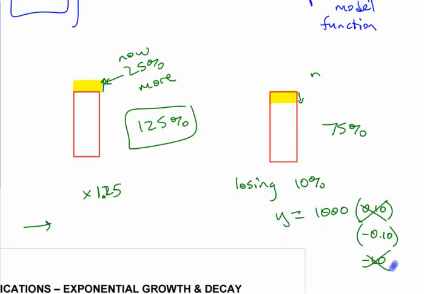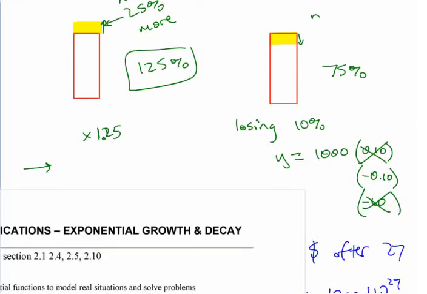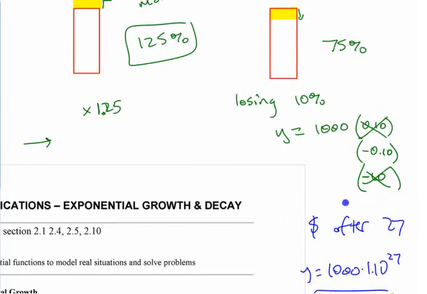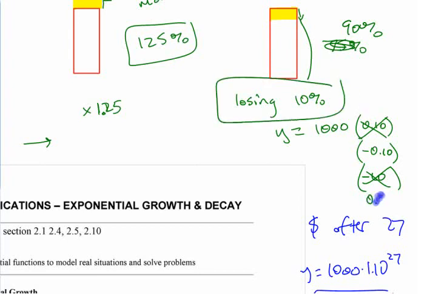You don't put in negative 10. You put in what's left. This is what you have left. To get the final answer, you have to put in 90%. If 10% are leaving, you put 90% there. That's what's going to be your model function to the x. Okay, for decay.